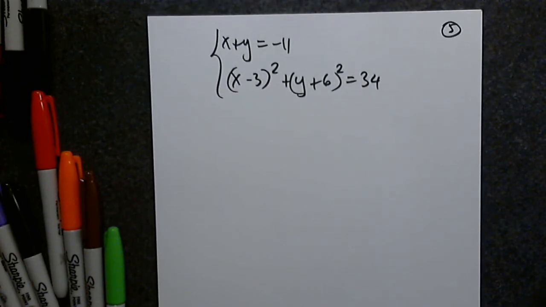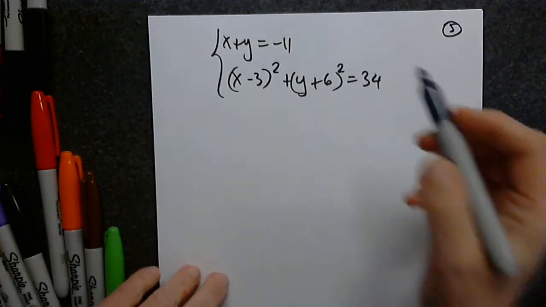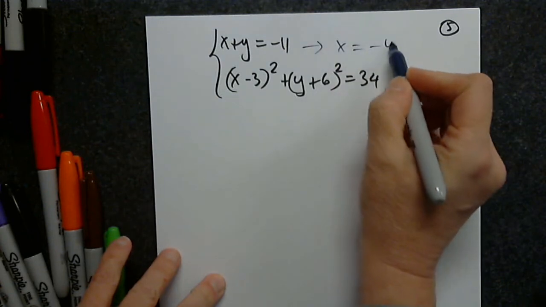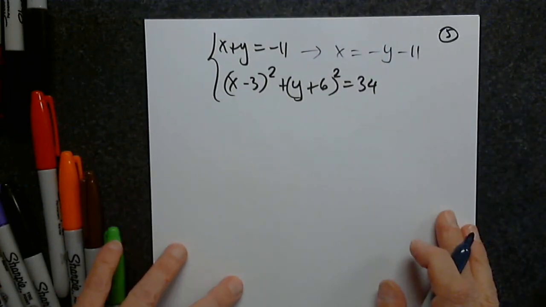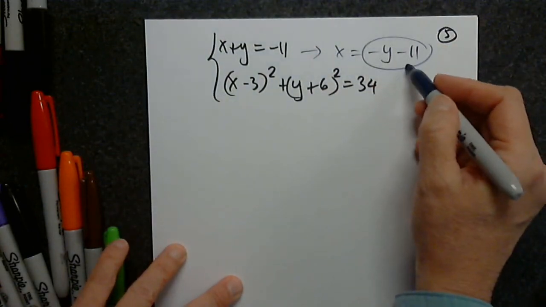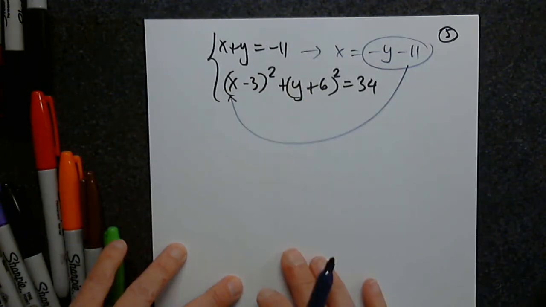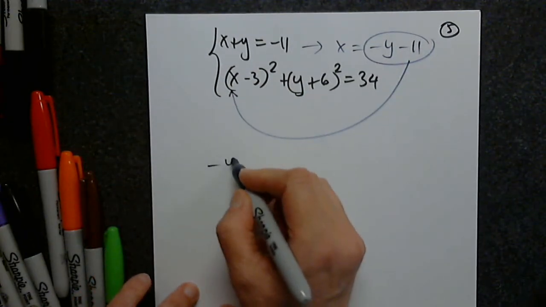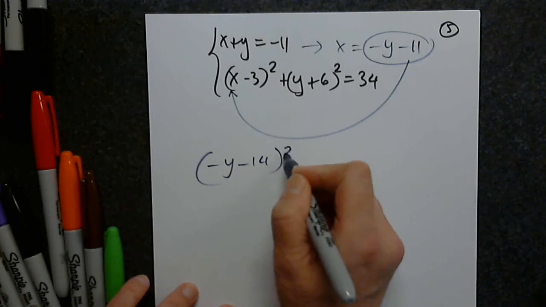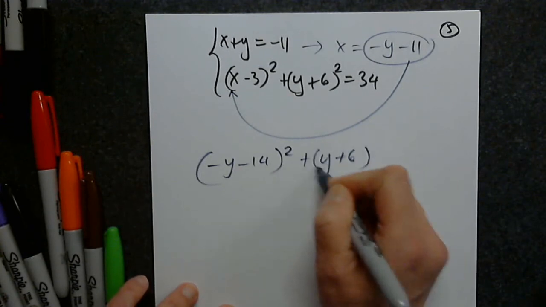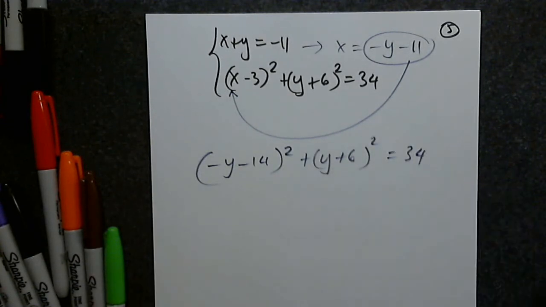Variables are not the same, so we cannot eliminate. So we have to use substitution again. So x equals negative y minus 11, for example. And replace x in the second equation: negative y minus 14, everything squared, plus y plus 6, everything squared, equals 34.